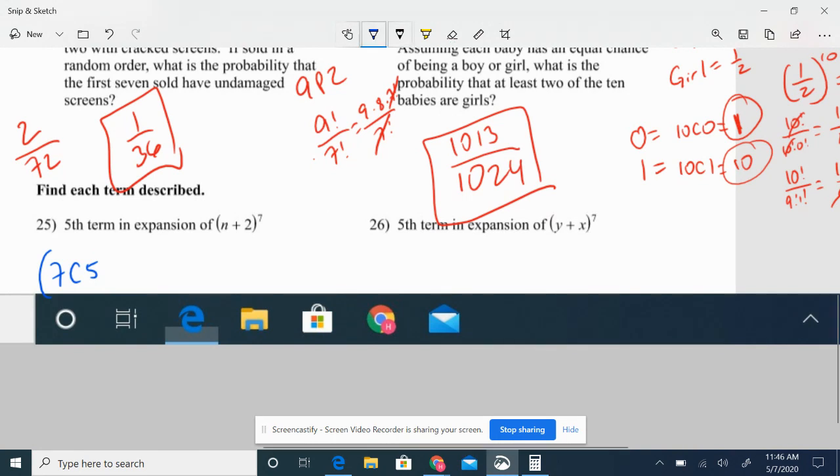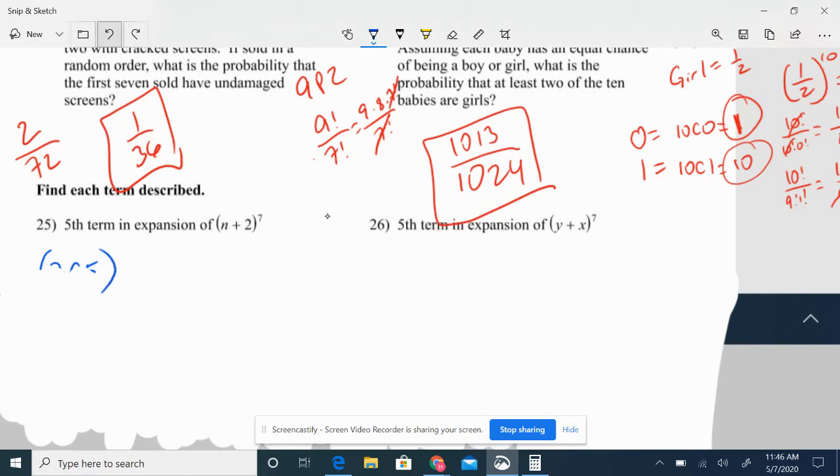Now, starting at 0 all the way to 7, so 0, 1, 2, 3, 4, 5, 6, 7. I'm asking which is my fifth term. So in this case, I'm going to do 7 choose 4.